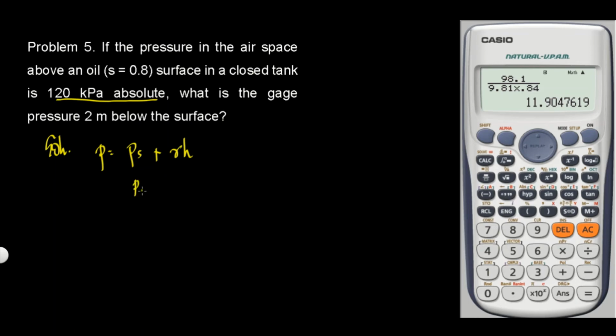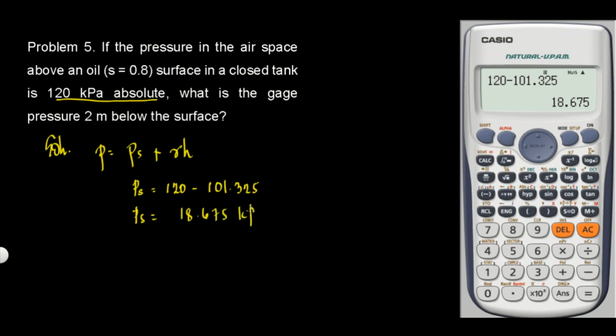PS is equal to absolute, so 120 minus the atmospheric, 101.325. Ito yung atmospheric pressure natin. Hindi yan given, pero dapat yan ay alam na rin natin. So PS equals 120 minus 101.325, so we have 18.675.